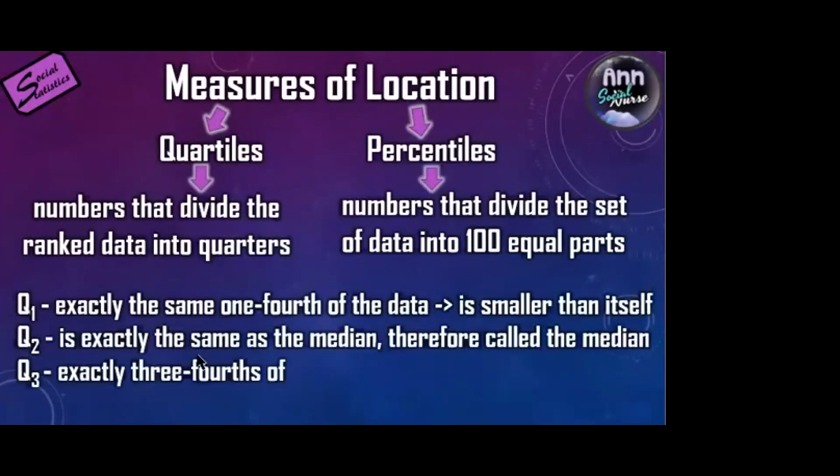Q1 is exactly the point where 1/4 of the data is smaller than itself. Q2 is exactly the same as the median, therefore it's called the median. So for the 1 peso, it's 50 centavos. Q3 is exactly the point where 3/4 of the data is smaller than itself.